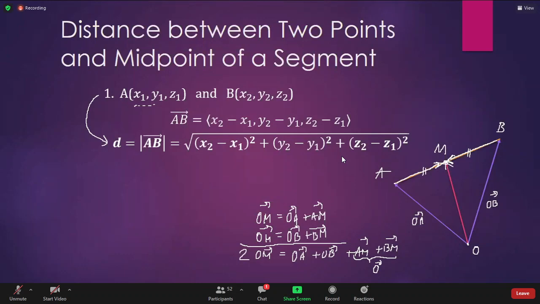It's like working with numbers, as if we are solving a system of equations in algebra. We are doing the same with vectors in some ways. So the terms AM plus BM cancel each other out, like two opposite numbers canceling each other out. And so we see that the vector OM is 1/2 of vector OA plus OB.